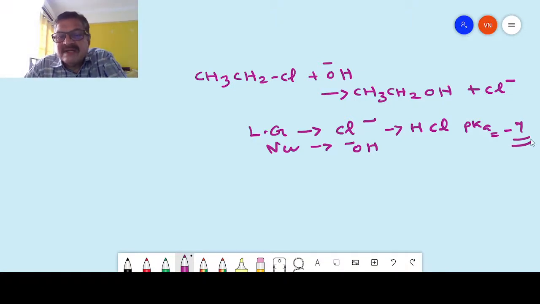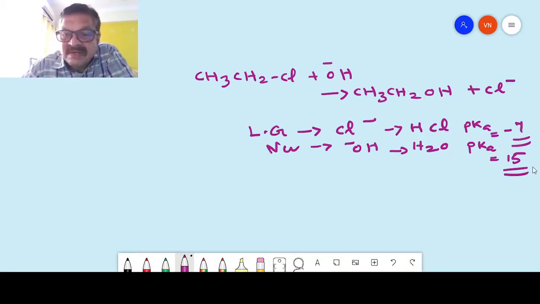Now the nucleophile OH minus: the conjugate acid is water, and the pKa value is approximately 15.